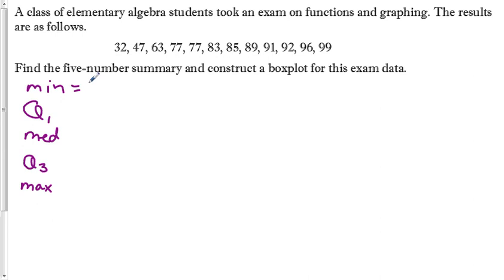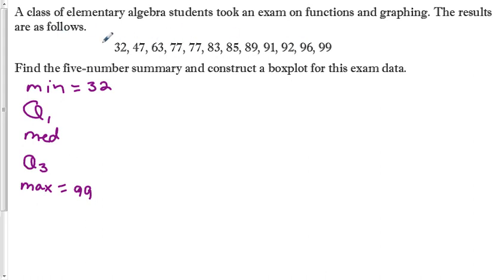Your minimum here, if we calculate, notice they're already listed from low to high, is equal to 32. The max is 99. Now, to calculate your first and third quartiles, it's best if you first calculate your median. We do that by finding the centermost number.